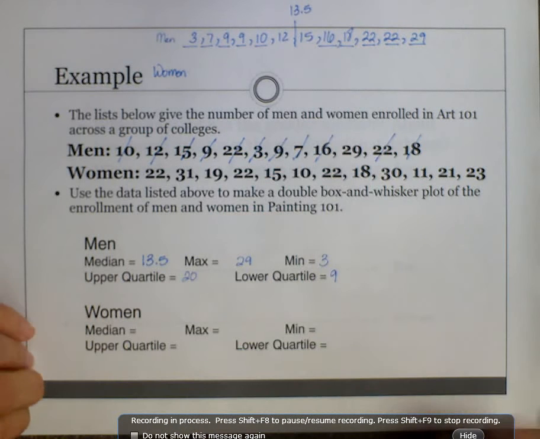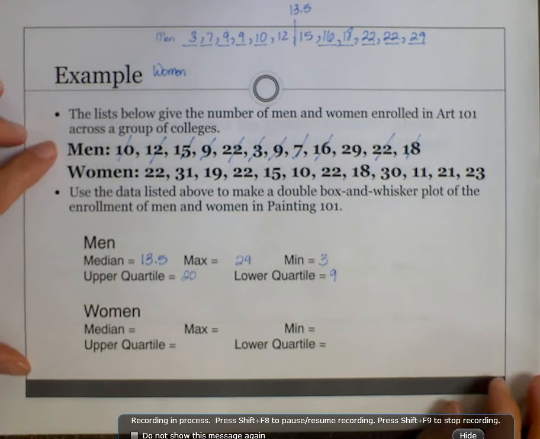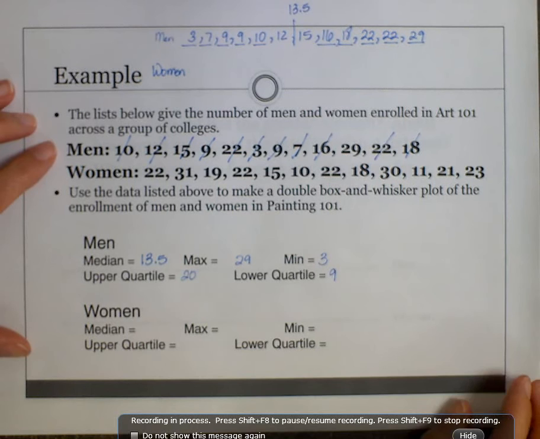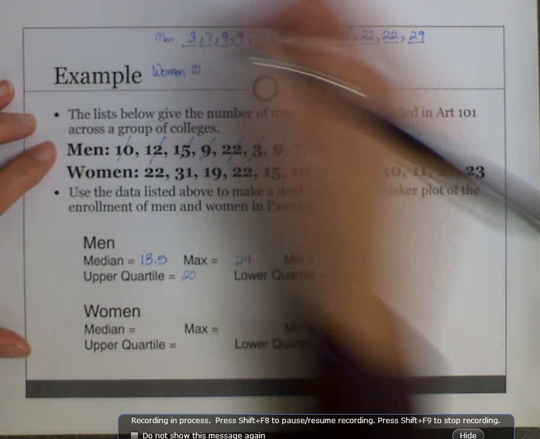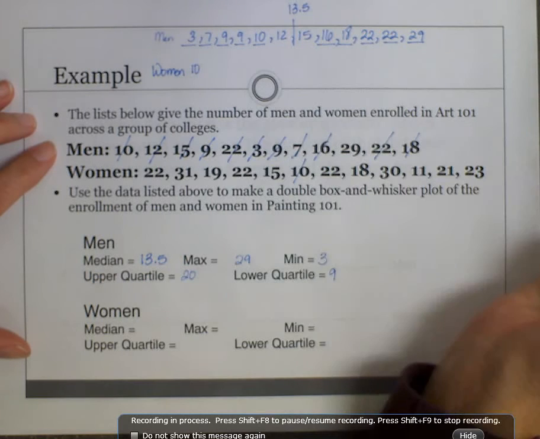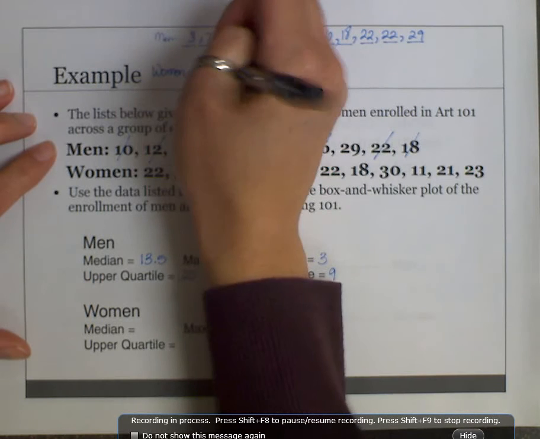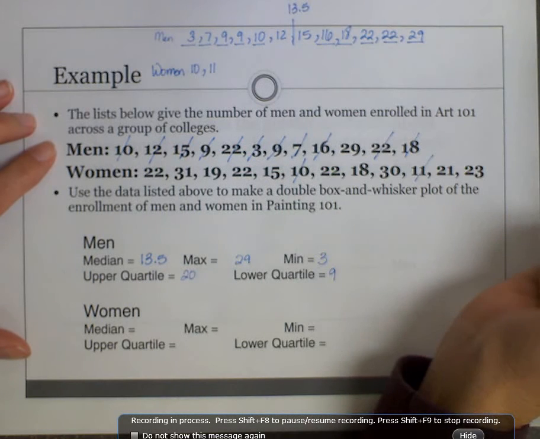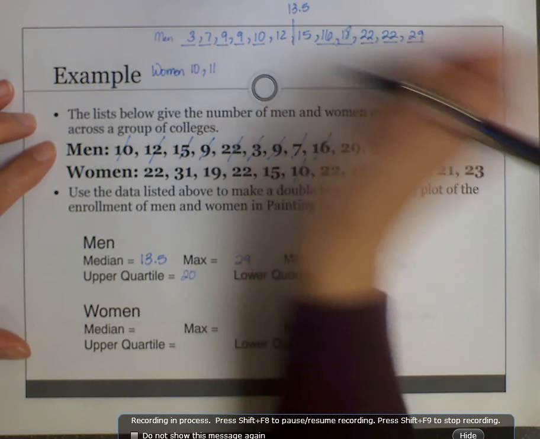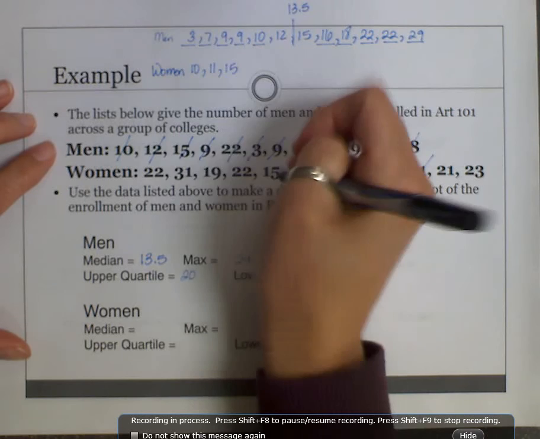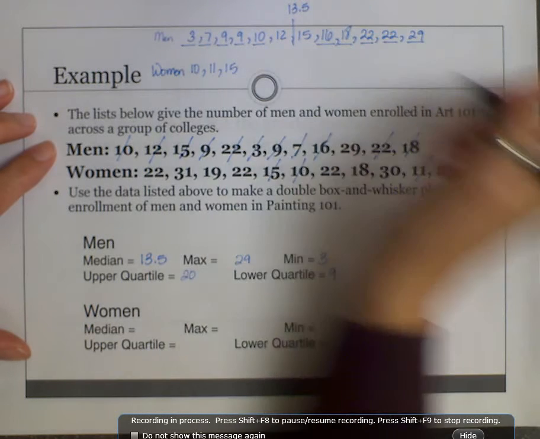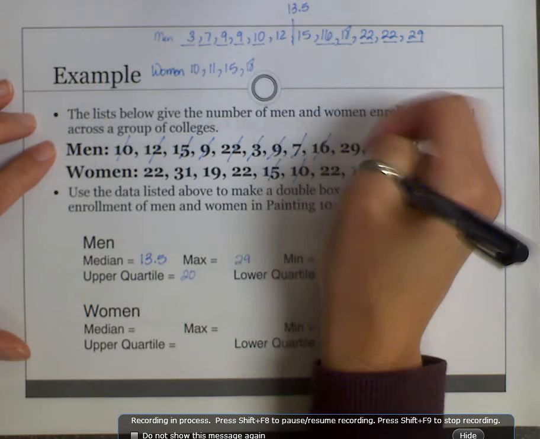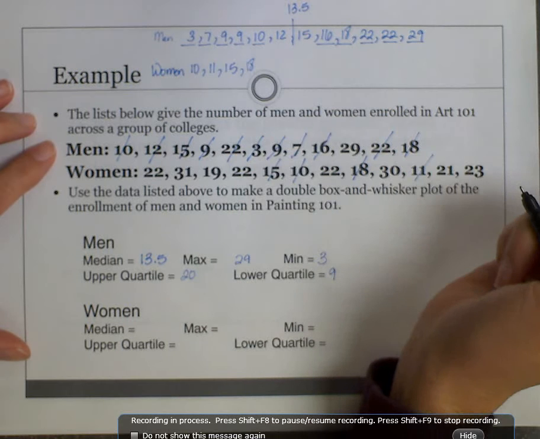All right, now let's get the women organized. Starting with the smallest number of women. Our smallest number appears to be 10. After a 10 is an 11. After 11 is 15. Next comes 18. After 18 is a 19.